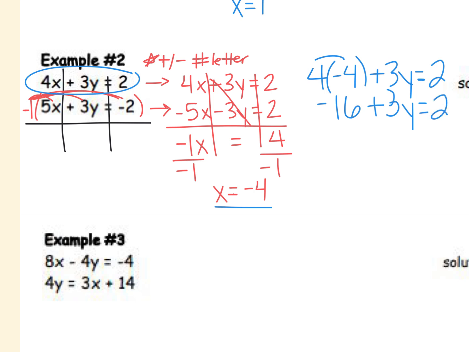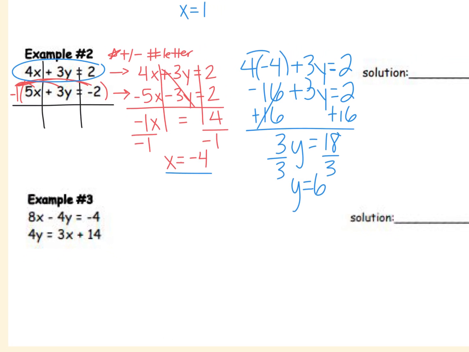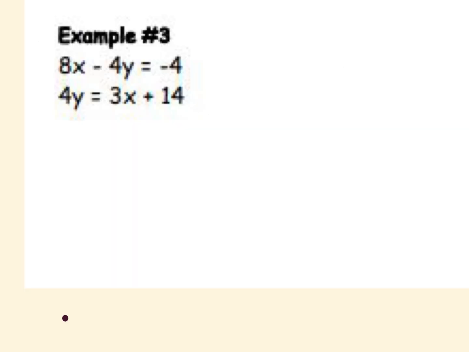Then we're going to undo the add subtract by adding. 3y equals 18. Undo the multiply divide. And y is 6. So our solution for this, our x, y that works all of the time for both of these, is -4, +6.